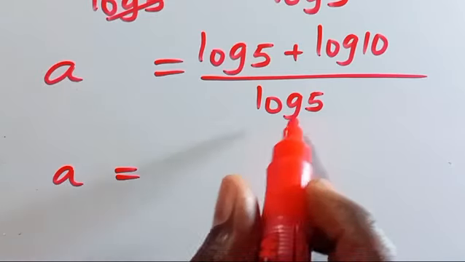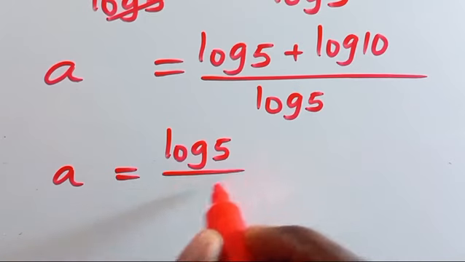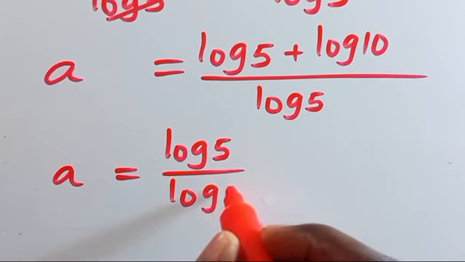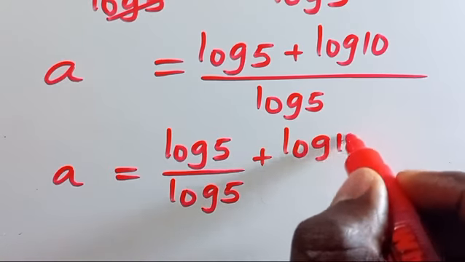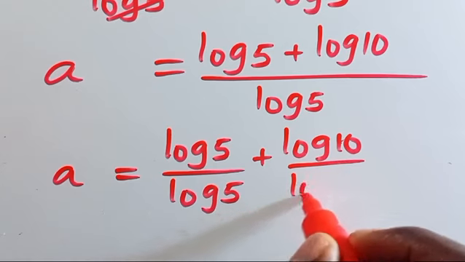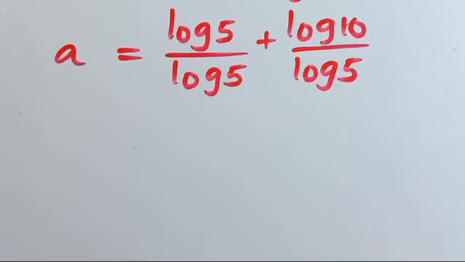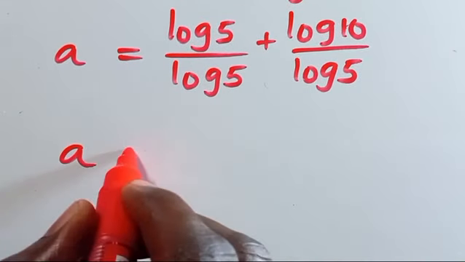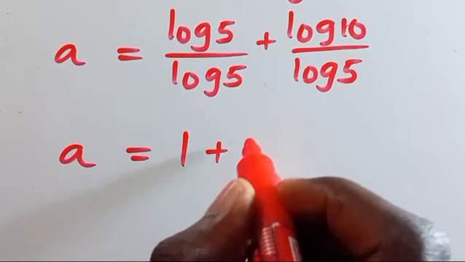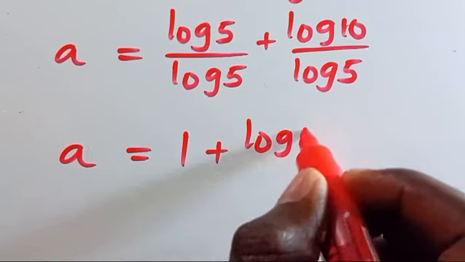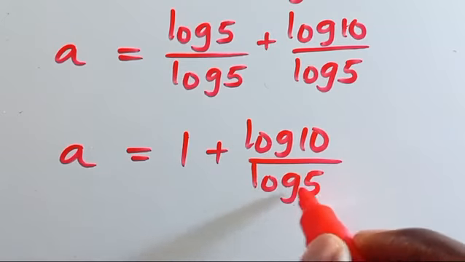A will be equals log 5 divided by log 5 plus log 10 divided by log 5. So we have from here a equals log 5 divided by log 5 will be 1, plus log 10 divided by log 5.